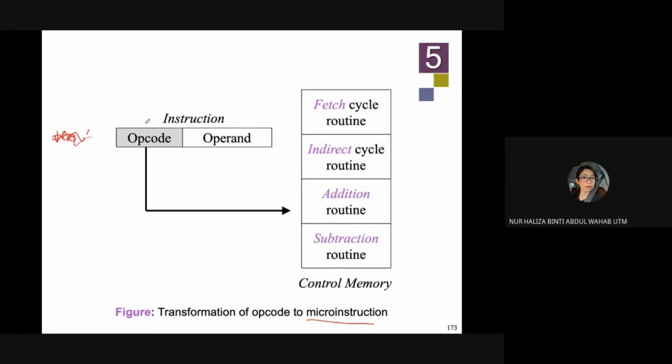Yes, this one is your opcode and then your operand. This is one instruction. You can see over here, this is one instruction. You're going to convert this opcode to your micro instruction. Let's say first you have fetch, initiate, then whether it is addition or maybe subtraction routine for your codes inside your control memory.